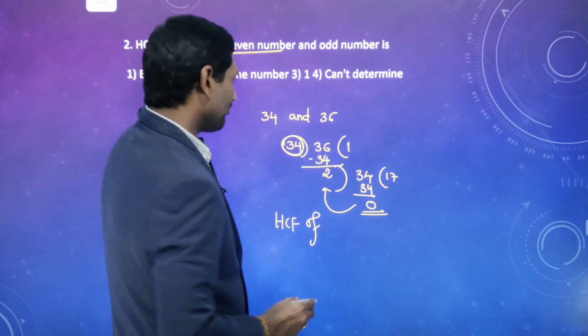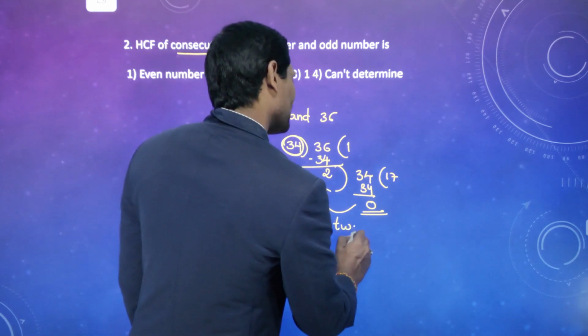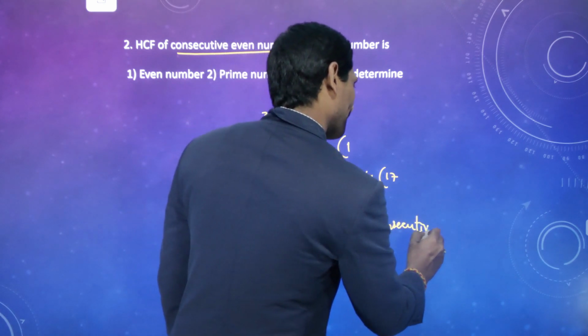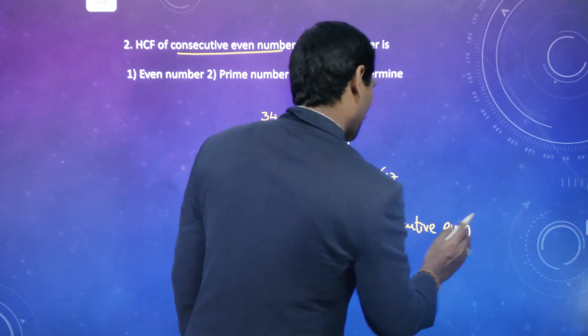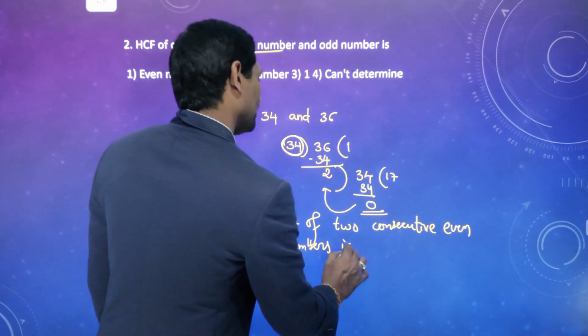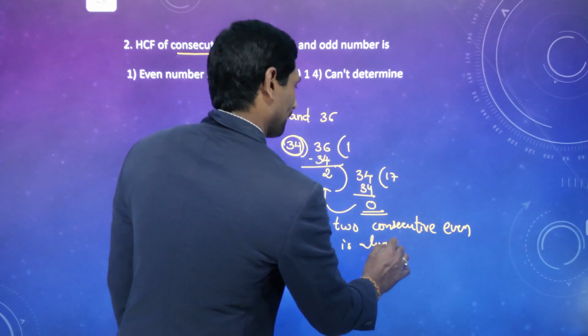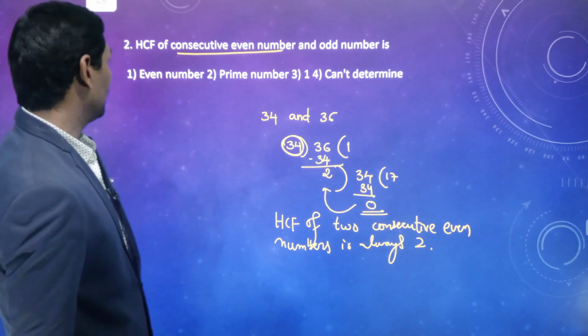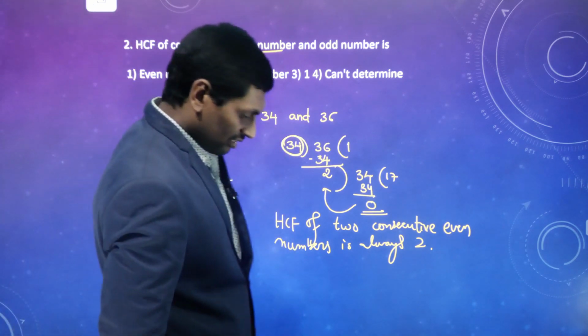So the HCF of two consecutive even numbers, or any two consecutive even numbers, is always 2. So this is the method we have.